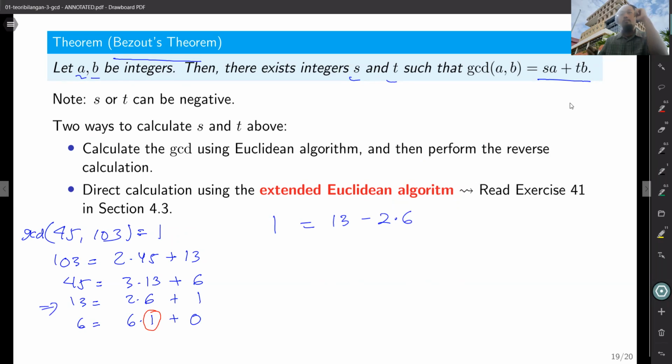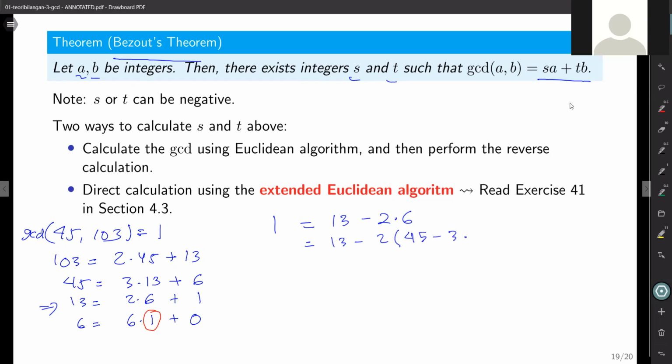And then 13 minus 2 times 6, and 6 is 45 minus 3 times 13. Correct. Minus 3 times 13.